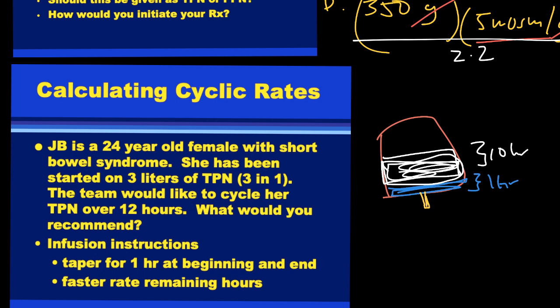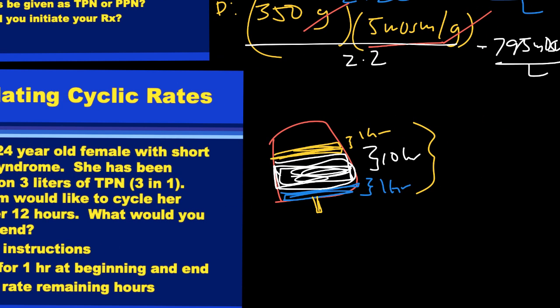And then here is your 12th hour, 1 hour, to give you a total of 12 hours. So the first hour you're going to give a slower rate, taper up. The 10 hours you're going to give a faster rate. The last hour you're going to taper down.